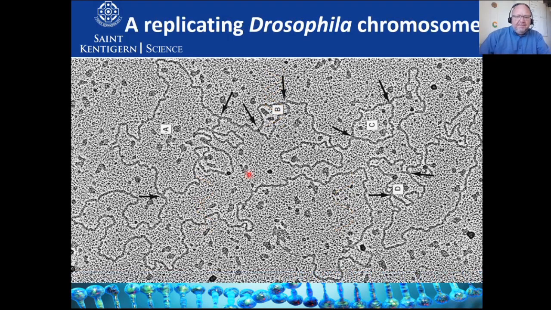So this is Drosophila. You can actually see the chromosome. Drosophila is the fruit fly, and a lot of work was done on this early on in DNA research. And you can see, here's your double, that's your replication fork there.